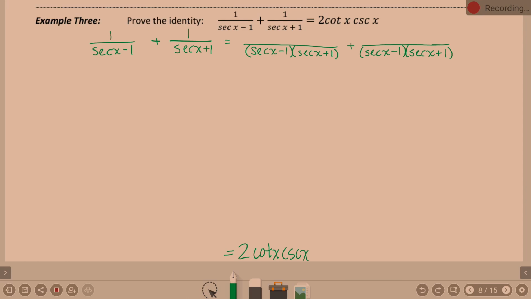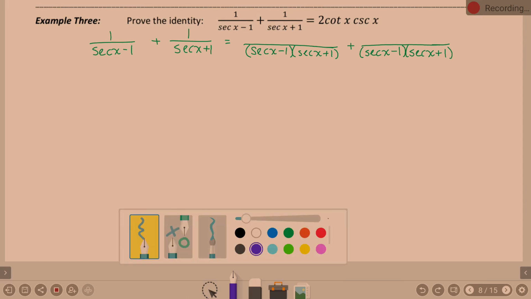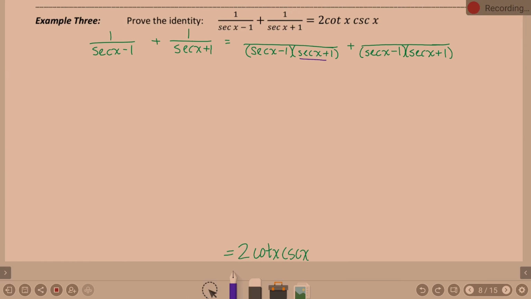First fraction. What do we know? We had secant x minus 1. What were we missing? Secant x plus 1. So what are we multiplying the top by? We're going to multiply by secant x plus 1, yes? Big math here. What is secant x plus 1 times 1? Secant x plus 1, yes?